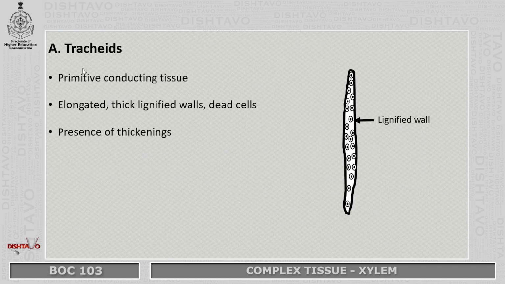Tracheids are primitive conducting tissue because they are mainly present in gymnosperms, but they are also seen in angiosperms, to a lesser extent. The cells are elongated, with thick lignified walls, and they are dead. They don't show any presence of protoplast, and they show the presence of thickenings.